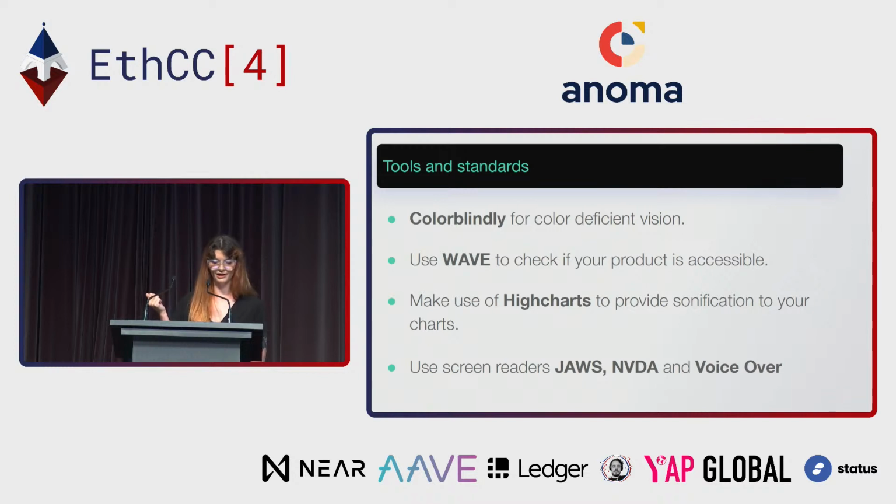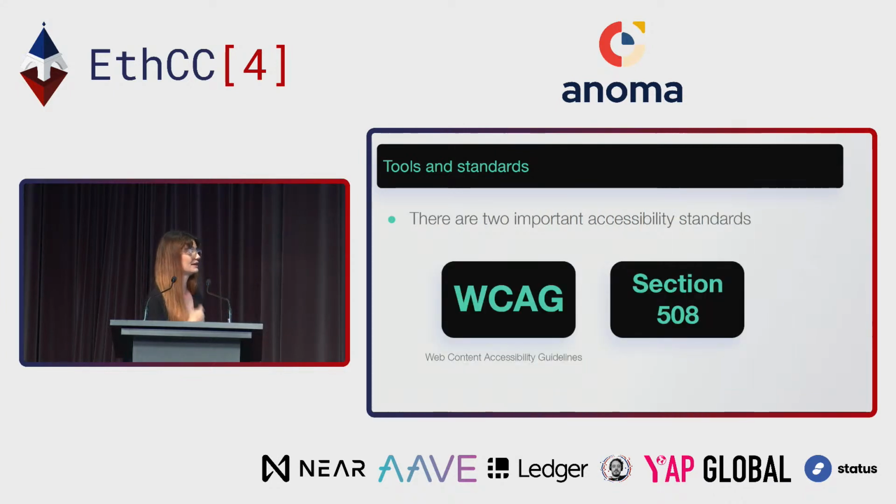You can make use of HighCharts to provide sonification to your charts, and you can use screen readers like JAWS, NVDA, and VoiceOver to check if all of your content has alternative text. And these are two standards you might want to check, the Web Content Accessibility Guidelines and Section 508. These are in the form of rules and laws in the United States. And from now on, your products need to be accessible to anyone.